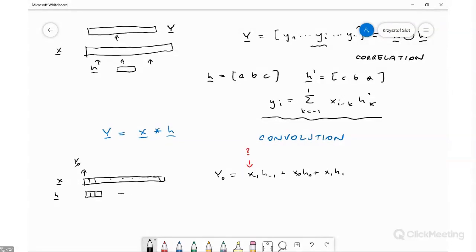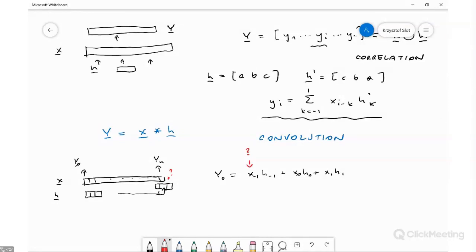So if I place this filter here, centered around the last position, what will be yn, for example? Again, I won't know this element.